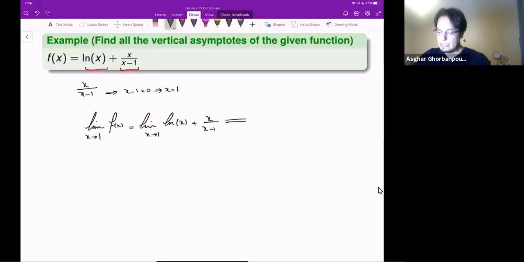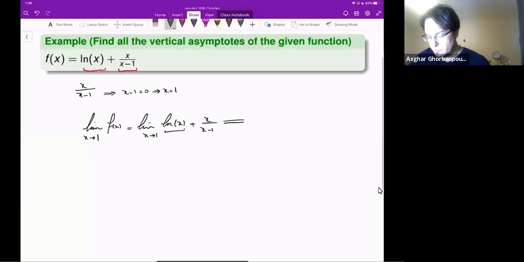Now, see, ln is a continuous function in its domain. As x approaches 1, this is going to approach ln of 1. But when x approaches 1, x/(x minus 1) approaches an infinite limit. So it's either going to be a big number or a small number. ln 1 is 0, so we are going to have an infinite limit.